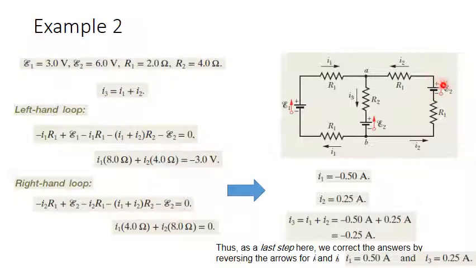Then I have the potential of the electromotive force device E2 in the same direction of the loop, which is counterclockwise. So E2 is taken in positive. Then there is a voltage drop across resistance R1, so it would be minus I2 multiplied by R1.